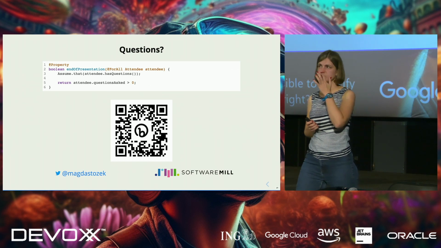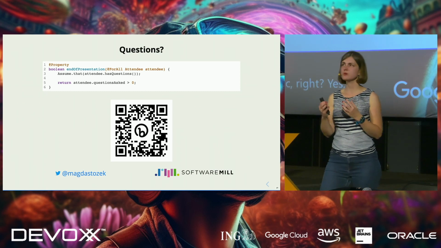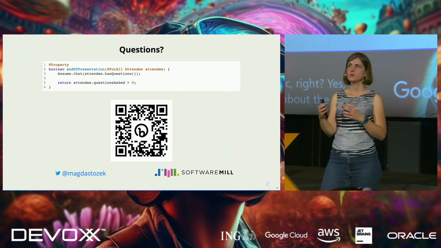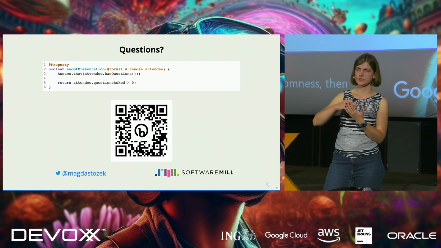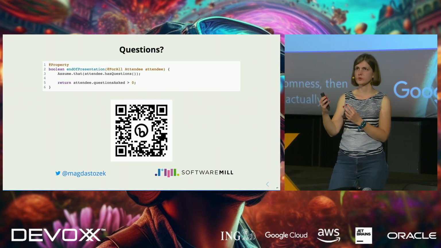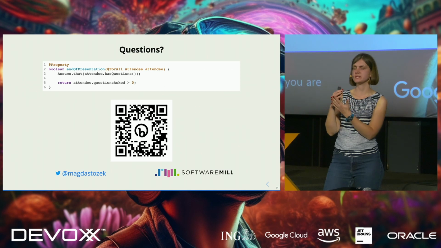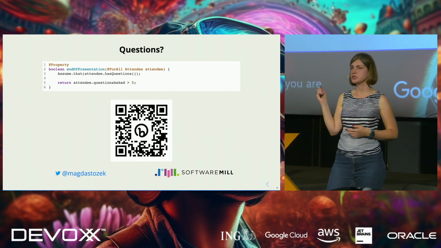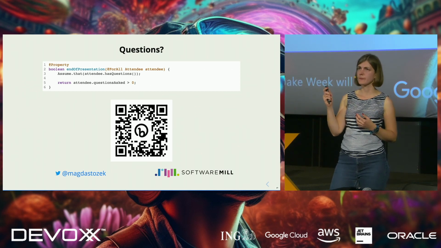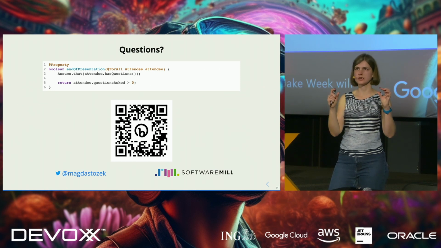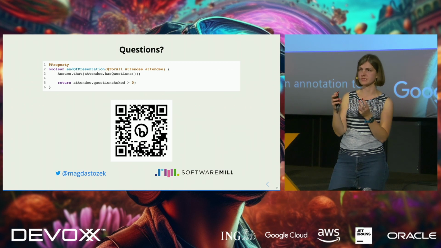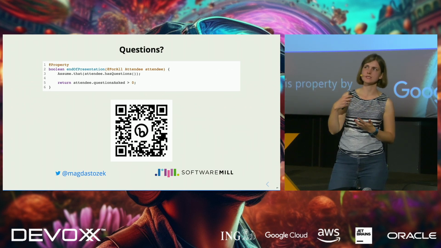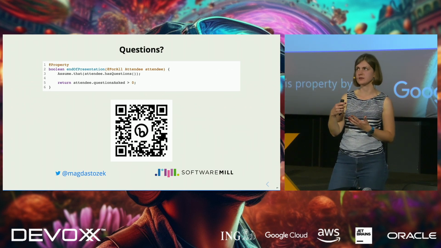Yes, so this is a very good question. What do we do about the randomness? And we do know that if it's randomness, then there's some kind of a seed underneath it. So actually what you can do, if you are interested in this specific set of data, then jQuick will print out the seed for you, and you can have an annotation to make kind of an example-based test out of this property-based test by making it use this seed again and another time.